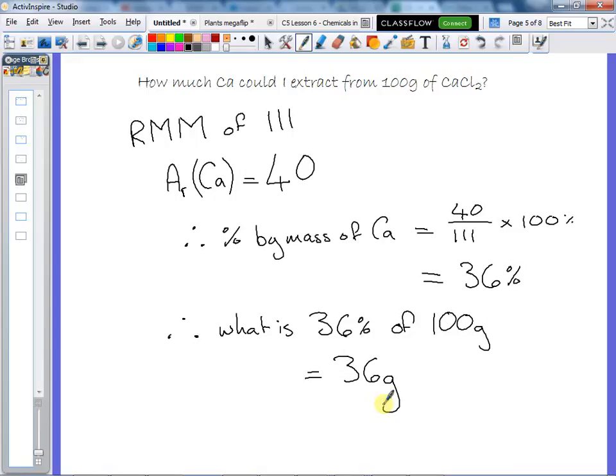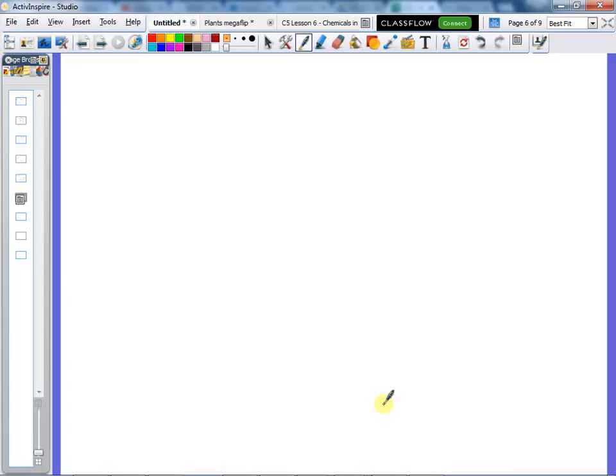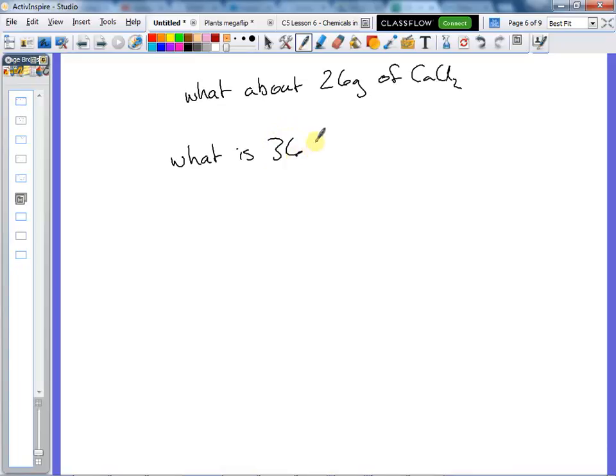But what if it didn't ask for something as easy as 100 grams? What if it asked for 26 grams of calcium chloride? Well, you could do the same sort of thing. What is 36% of 26 grams?